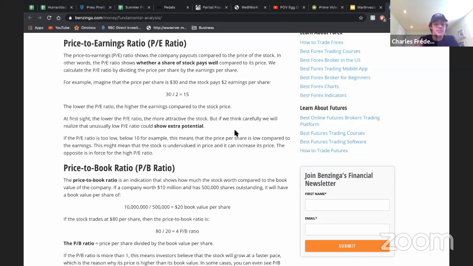So there's a bunch of metrics used to show how much it's worth. The price to earnings value is pretty good. Then price to book value. A company has two values: the book value and the market value. Book value is all the assets, and the market value is the value attributed by the market and investors. So the price to book value is also good.